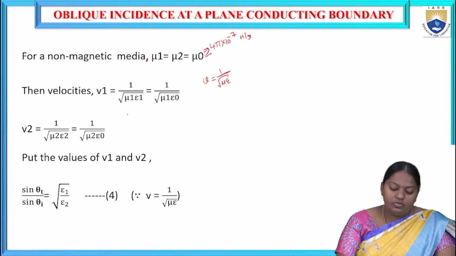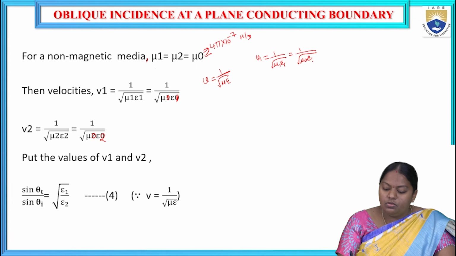So the velocities v1 and v2 are given by v1 equals 1 by root of mu1 epsilon1, which is nothing but 1 by root of mu naught epsilon1. Similarly, v2 equals 1 by root of mu2 epsilon2, which for a non-magnetic medium is 1 by root of mu naught epsilon2.